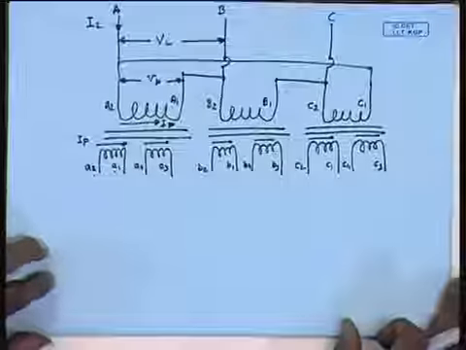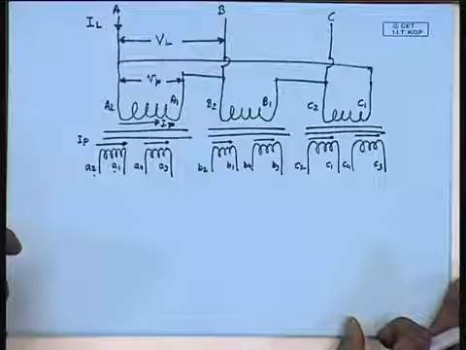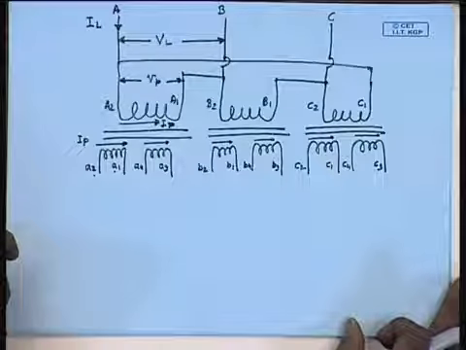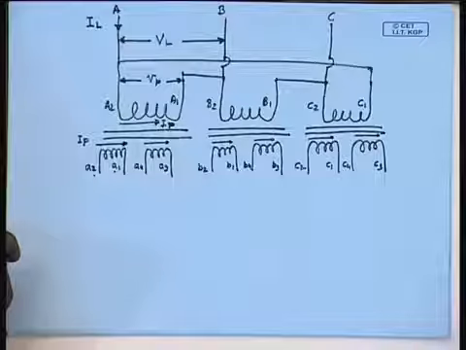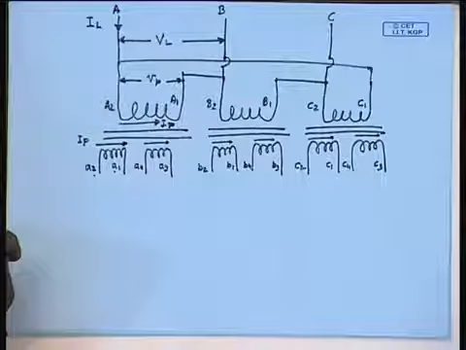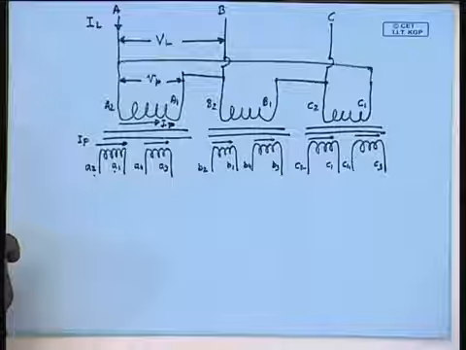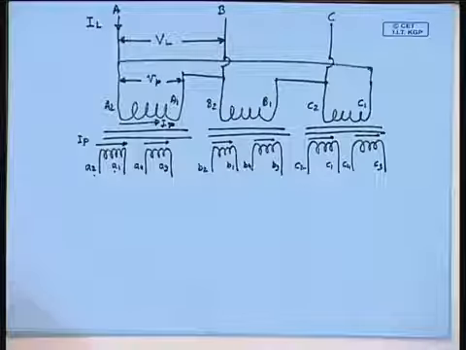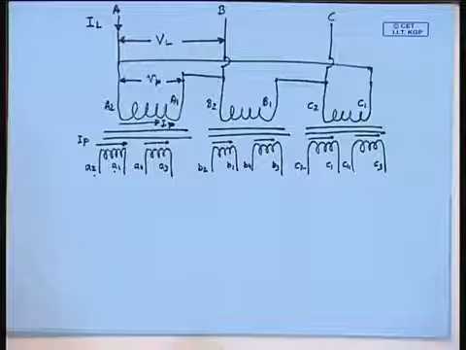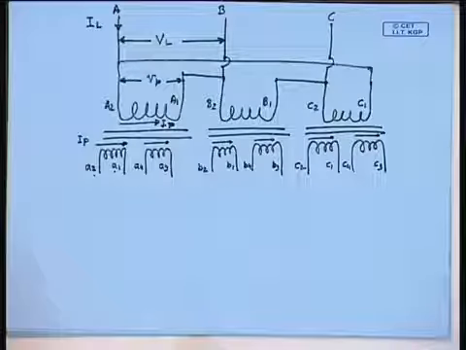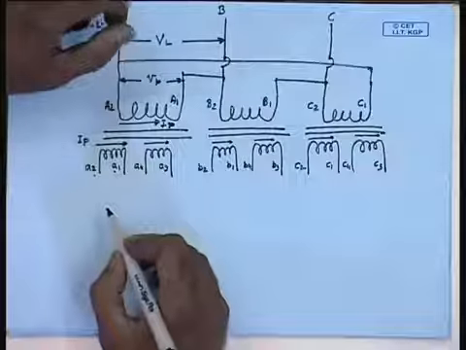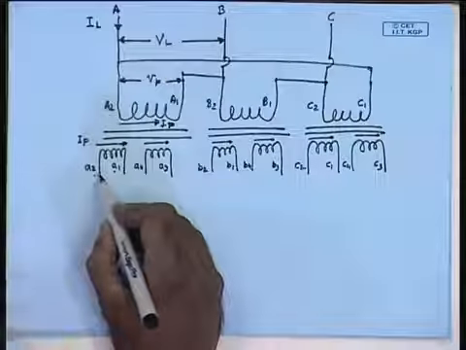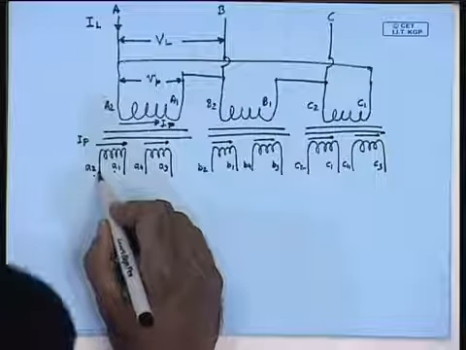So, one of them, let us say A2 B2 C2, is star connected, forming the neutral.